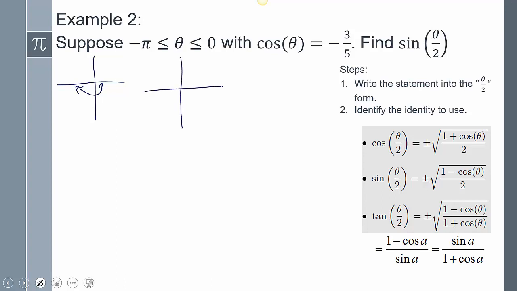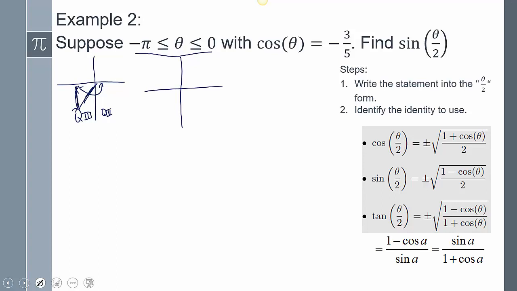So going through this, I know that it could either be in quadrant number 3 or quadrant number 4 because of this. And then my cosine is also negative, so it's going to have to be in this quadrant.